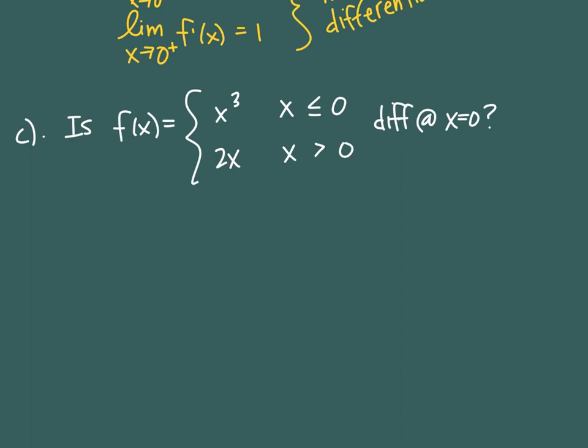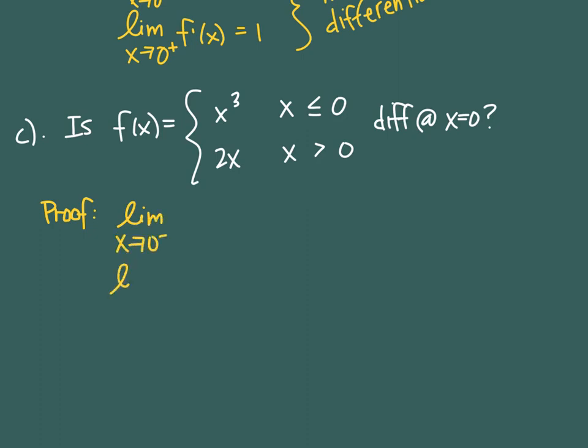You're just going to take yourself through the exact same thing. Okay, this is a piecewise function. Now, you don't have to totally be able to picture it. It's going to be a cubic attached to a line. But you don't have to be able to draw a perfect graph to be able to prove whether it is or isn't differentiable. You just need to take yourself through those steps.